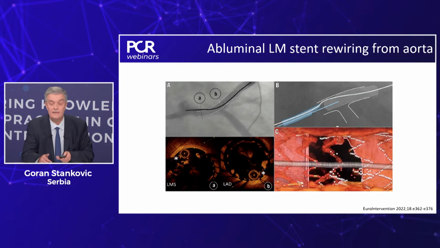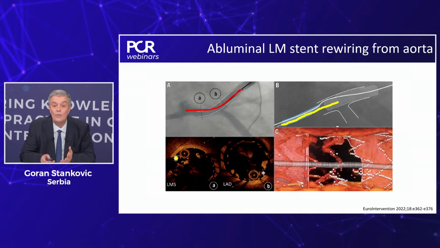So this is the case that illustrates abluminal left main stent rewiring from the aorta, you see in red. So after a couple of struts abluminally, the wire re-entered inside, and we have a solution for how to troubleshoot in this case. You use a dual lumen catheter on the abluminal wire, and you use the over-the-wire lumen to position a wire precisely inside the stent.